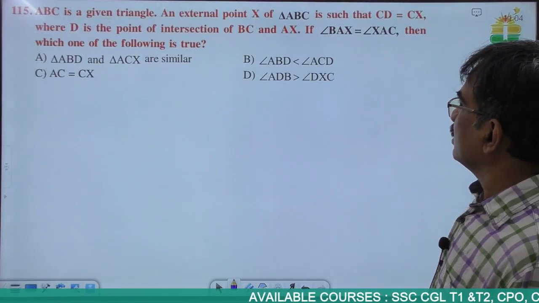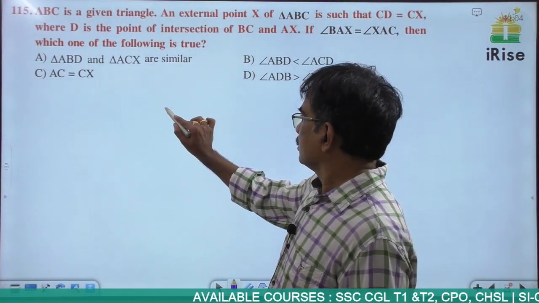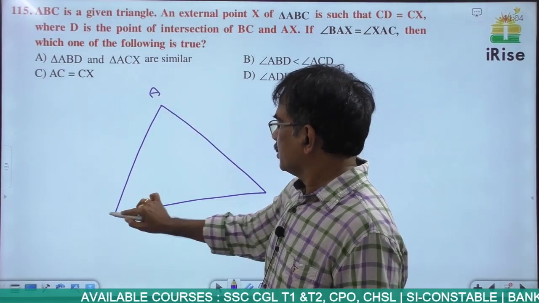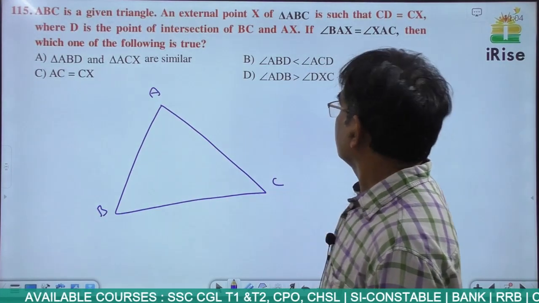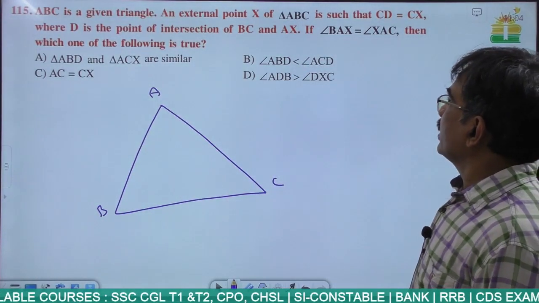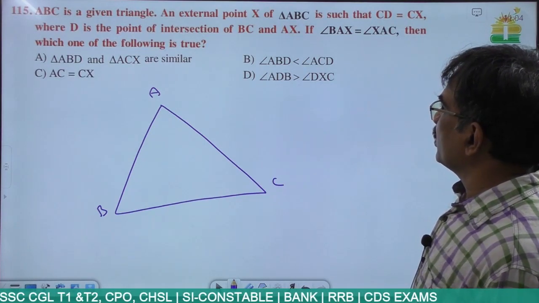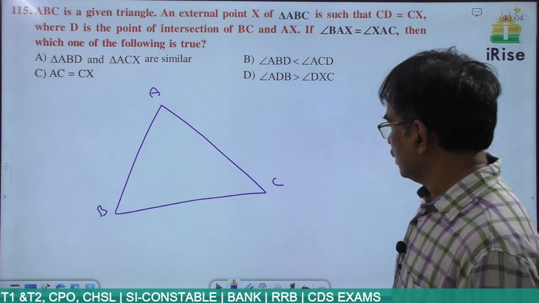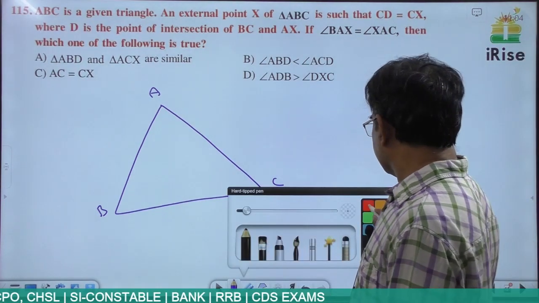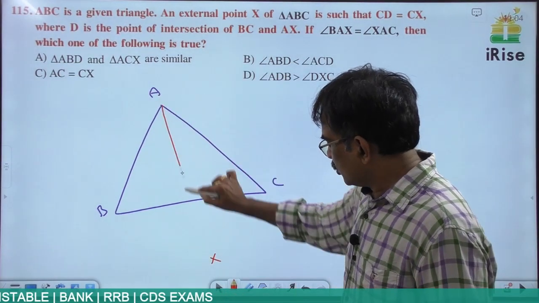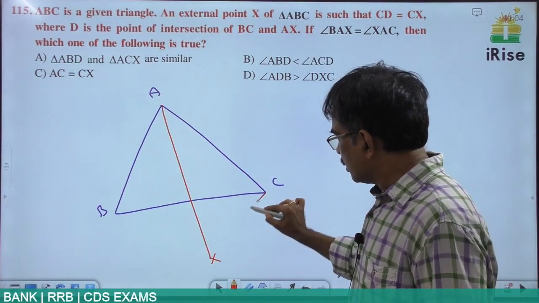ABC is a given triangle. An external point X of triangle ABC is such that CD is equal to CX, where D is a point of intersection of BC and AX. Here there is a point X here. Join this and also this.